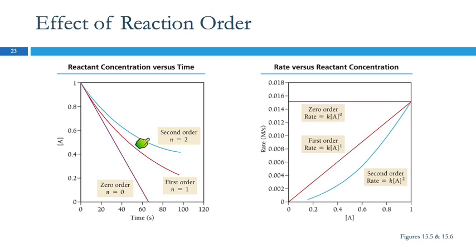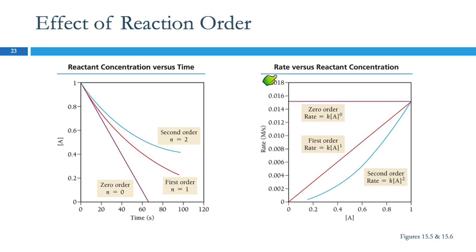A first order reaction and a second order reaction are both going to have a curve in them. The zero order reaction is going to be a straight line. With a straight line, the slope of that line is always the same. The rate is always the same, regardless of the concentration. For both the second order and first order, the slope of the line changes as the concentration changes.